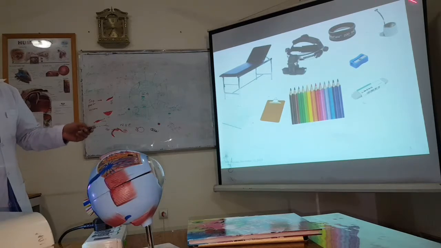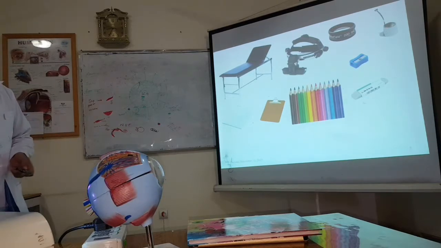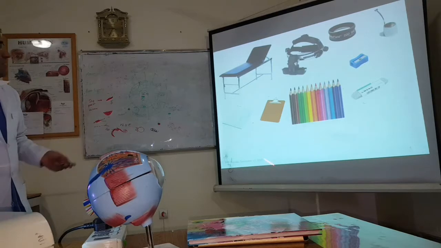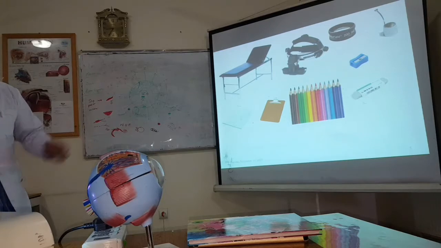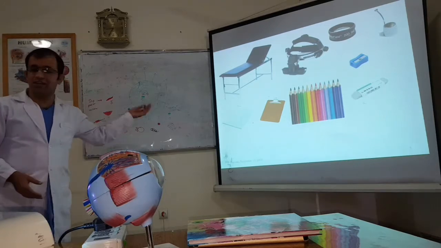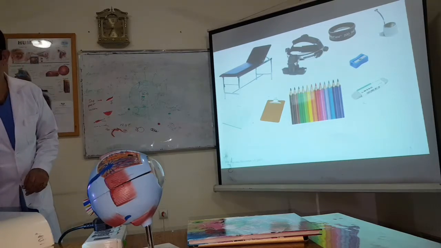This is the depressor, and sometimes we can make it from paper clips, and the Amsler-Dubois chart, the clipboard, the colored pencils, and also an eraser and pencil sharpener. All the material you need for fundus drawing are these.